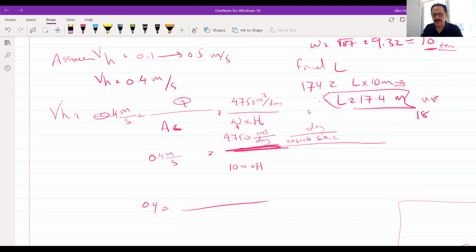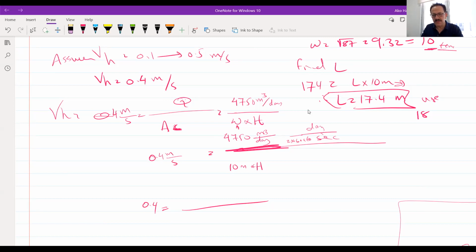And then convert it to H, divided by 0.4.